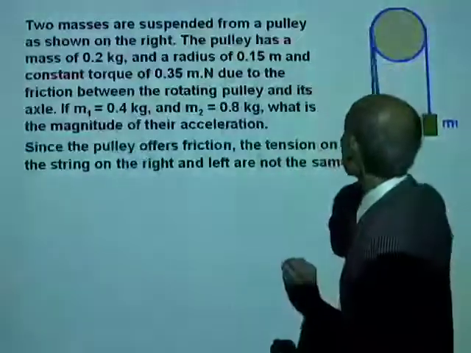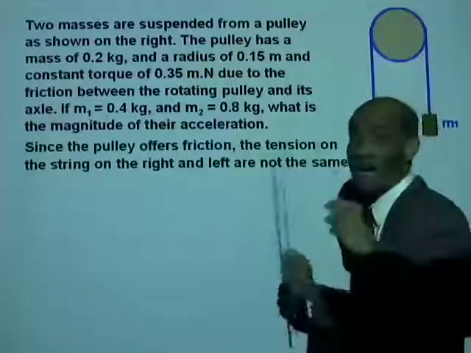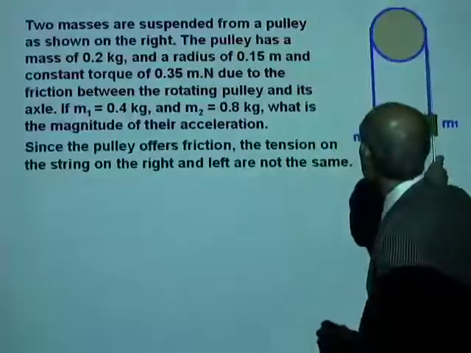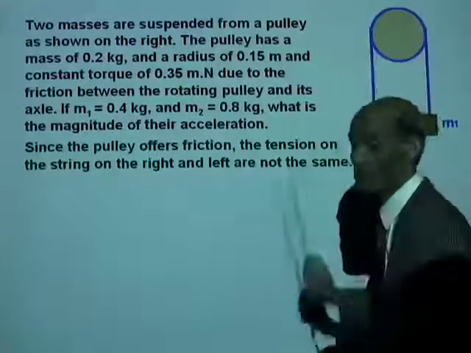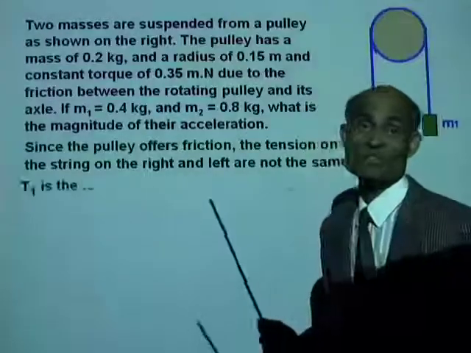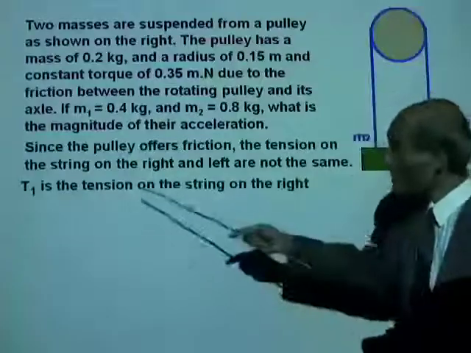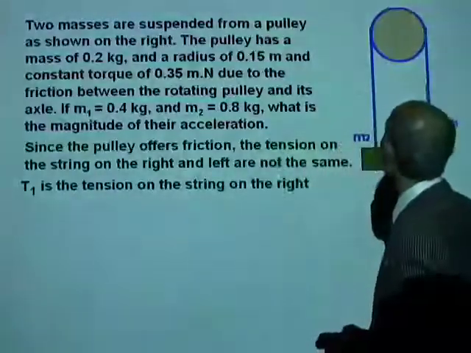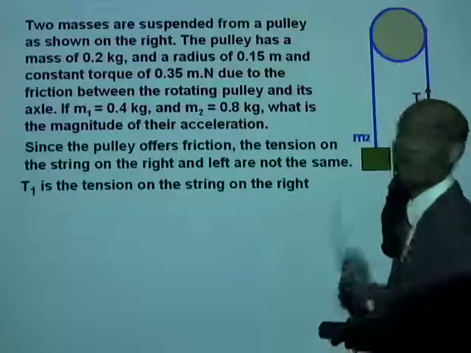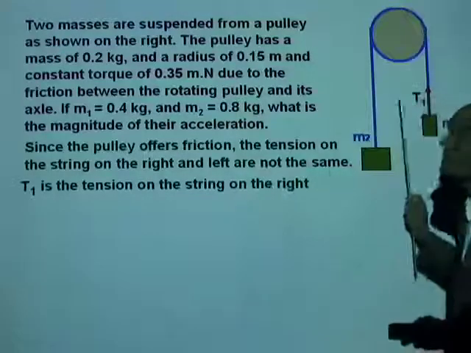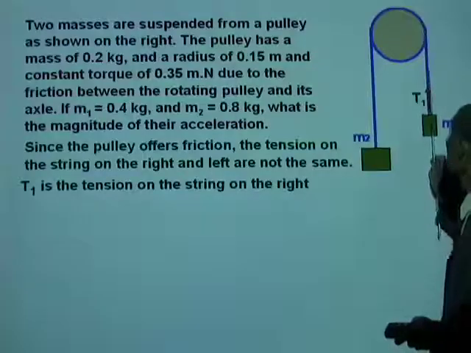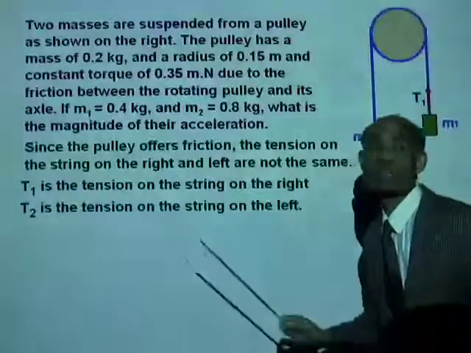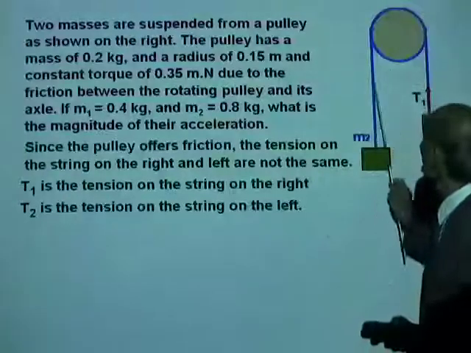Since there is friction between this pulley and its axis of rotation, the tension in the string on the right is not the same as the tension in the string on the left. So let T1 be the tension in the string on the right, and let T2 be the tension in the string on the left.